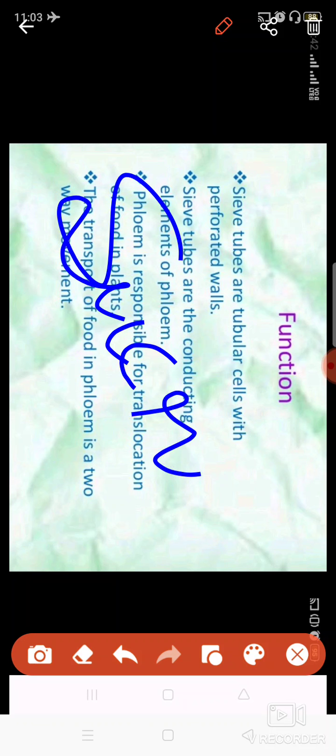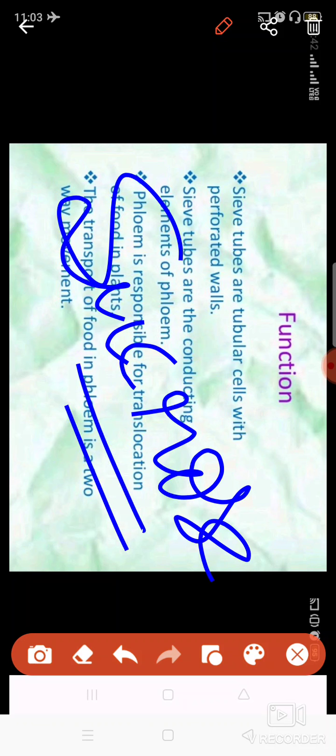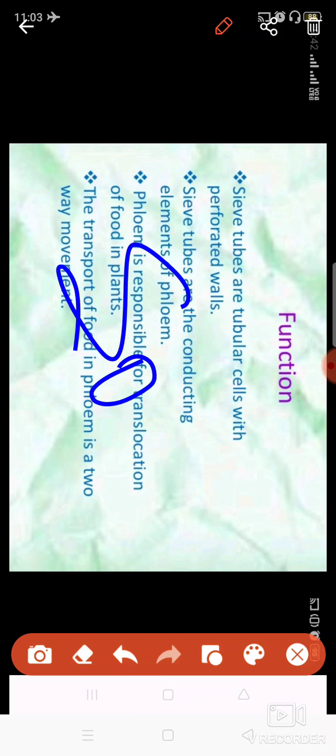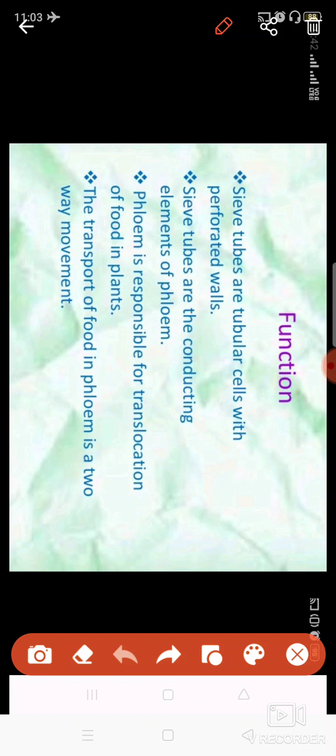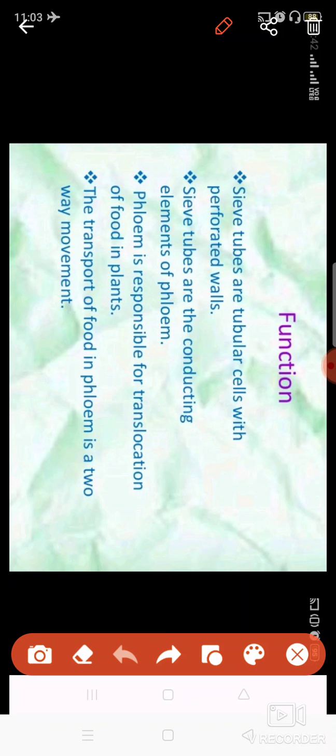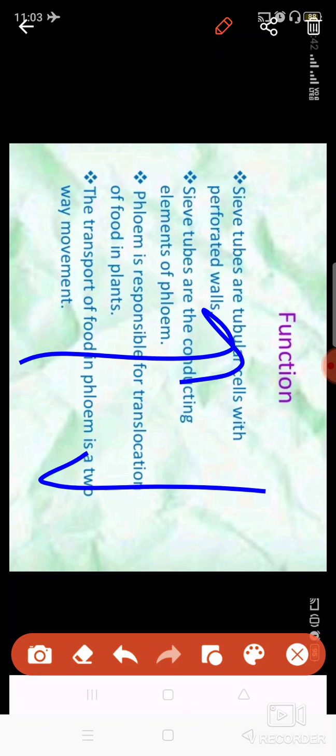Sucrose is a kind of a changeable form of glucose, and then it gets mixed up with the water and it forms a solution. So this solution is being transported by the phloem tissue into different parts of the plant. So phloem is responsible for translocation of the food, and this movement is two way, that is bidirectional, that is upside and downside, all the sides.